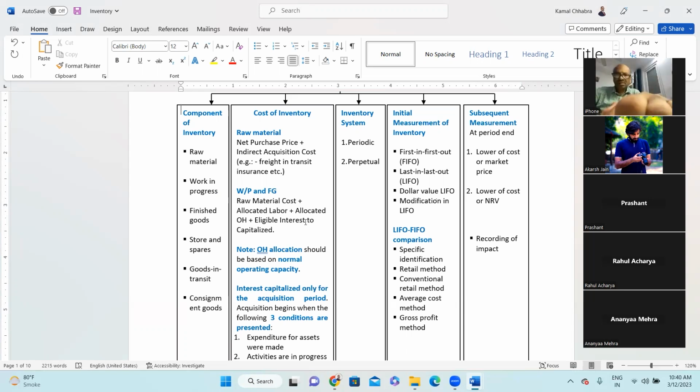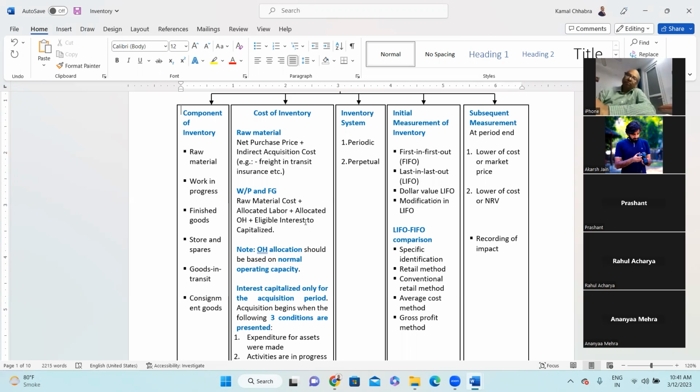So there are various methods for the allocation. It depends on the company policy. If the company has a policy to allocate labor by hours invested, by machine hours, or on completion of the product, then accordingly you need to allocate the labor cost to the respective category of item.